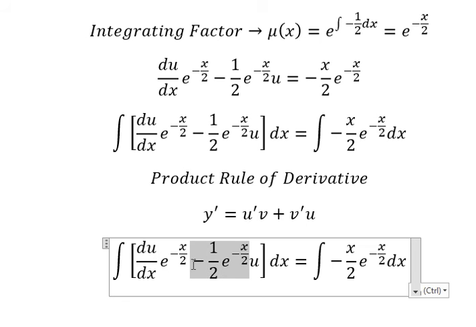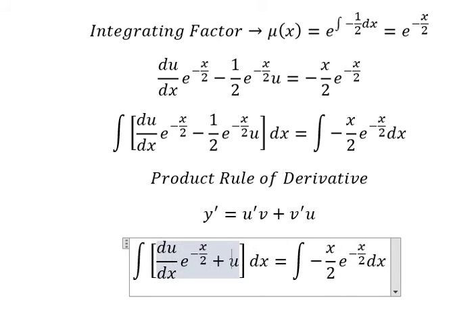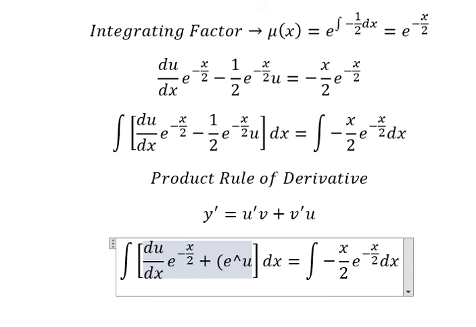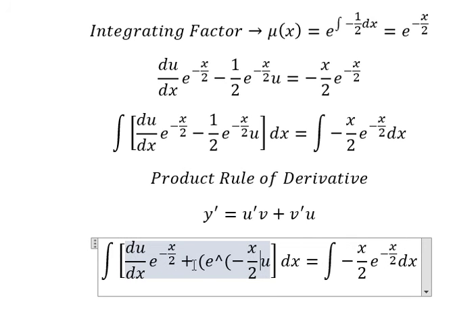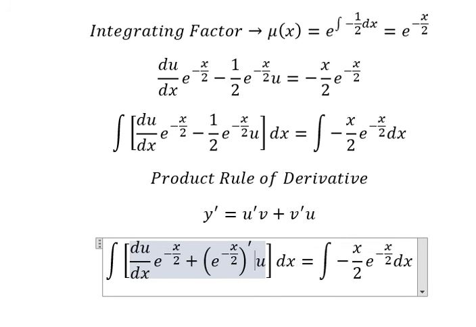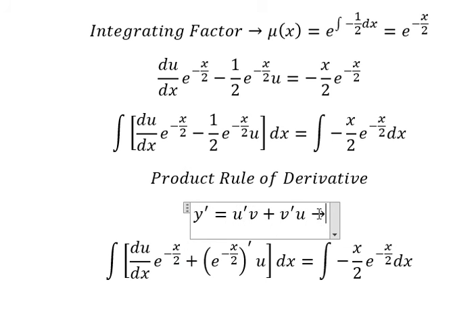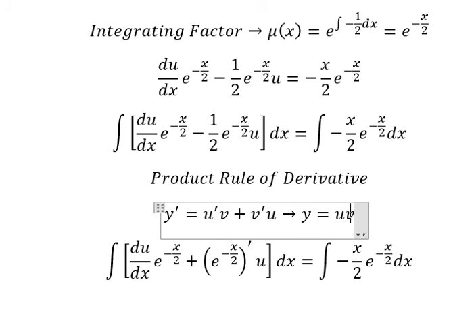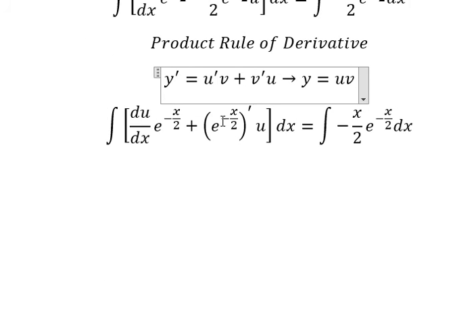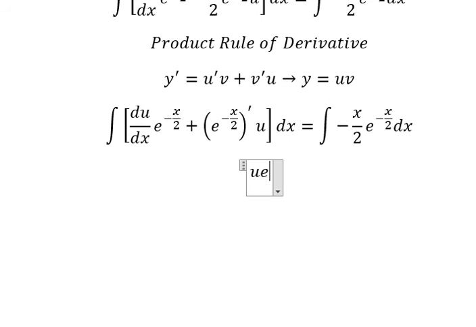This one is first derivative of v multiplied by u. So if we do this integration, we have y equals uv. That means this one in here, you will have u multiplied by e to the power of negative s over 2. Now we just have this one left.